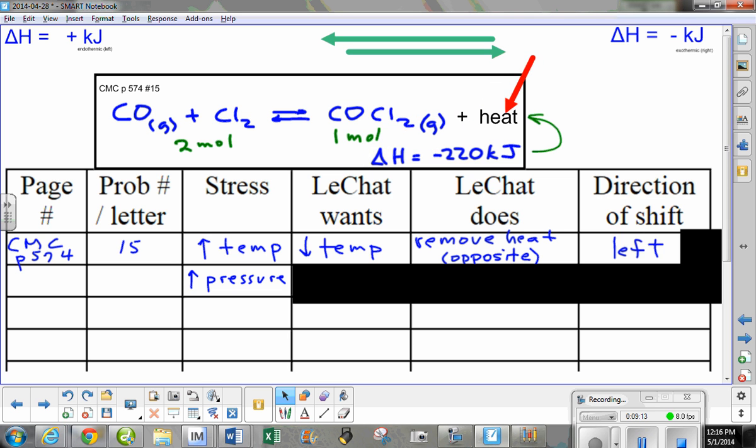Then we use it as a product or a reactant, depending on whether it's exo like this guy or whether it's endo, in which case this guy would be over here. So for this reaction, we are clearly exo because the delta H is minus 220 kilojoules.